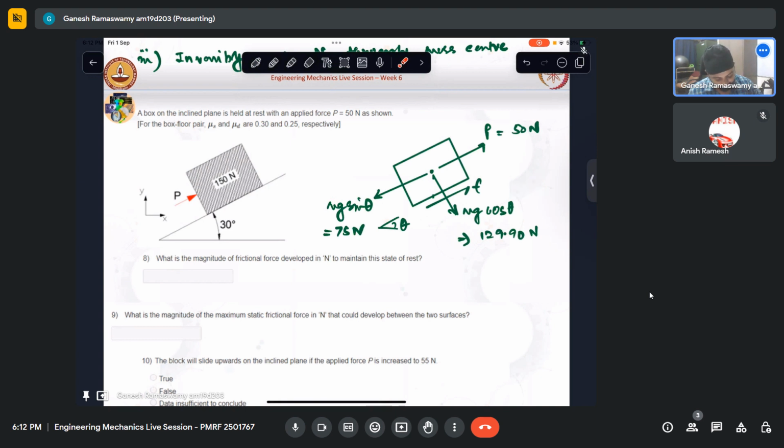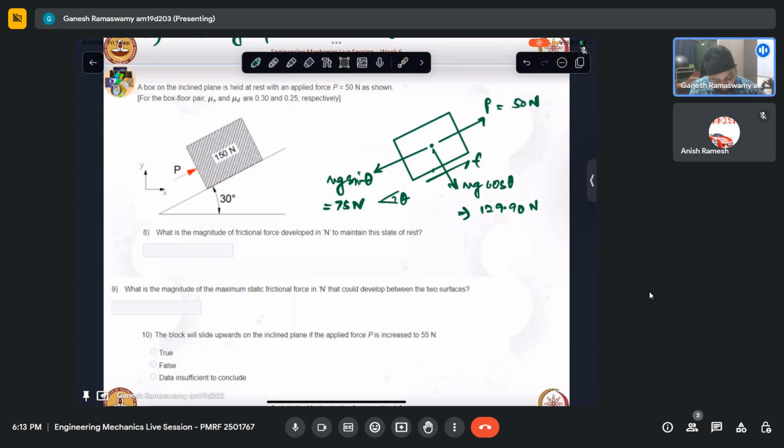Mu s is 0.3, so into 0.3 is 38.97 something. This along with 50, it definitely does not reach 75. In which case, if we replace that with mu s n, what we are saying is the box is moving that way. It is having acceleration that way, which is clearly not the case because the question says it is held at rest. So F being mu n or less than that is subjective and it should be checked in each and every question.